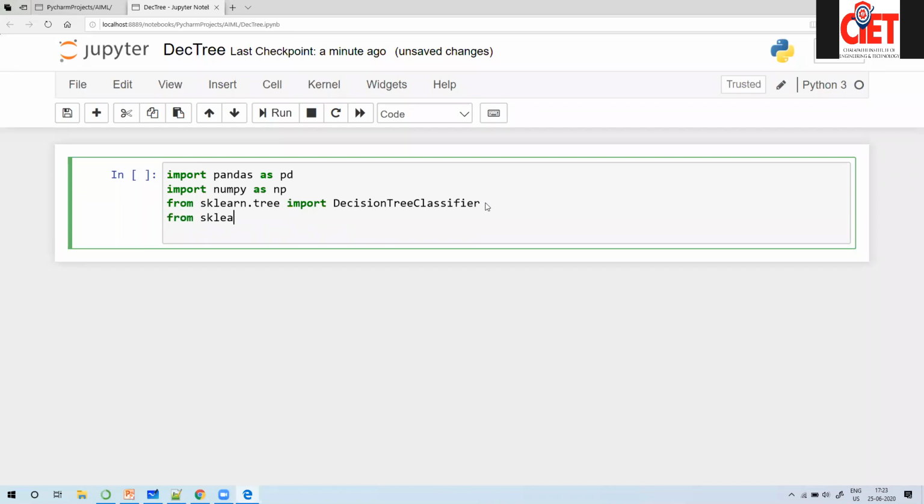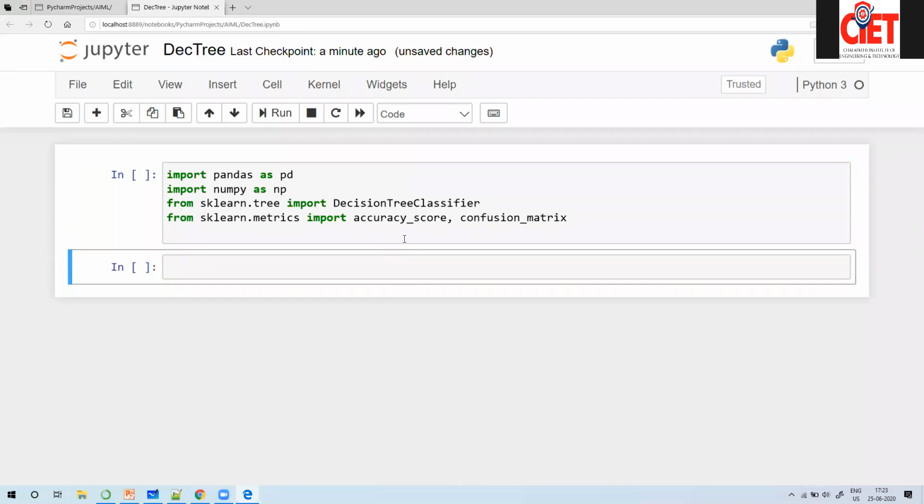From sklearn.metrics, import accuracy_score, confusion_matrix. That's all. Good enough. Let's read the data. We call this credit.